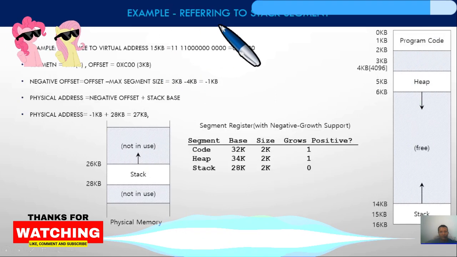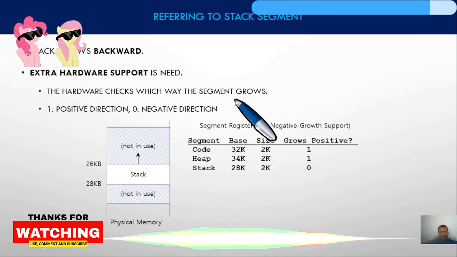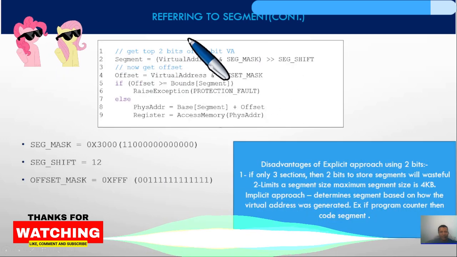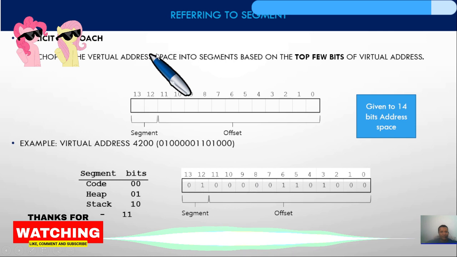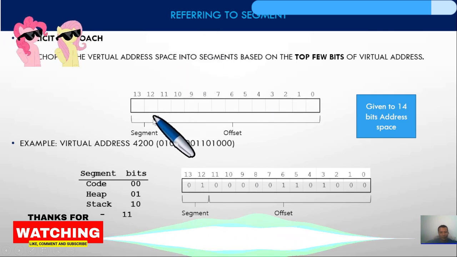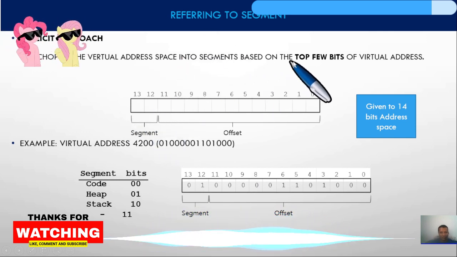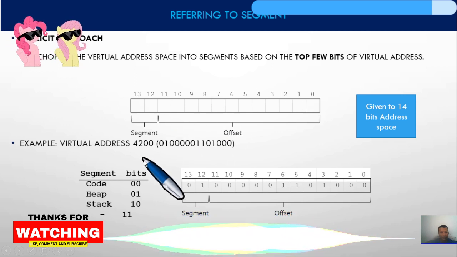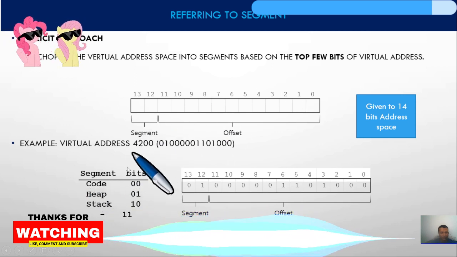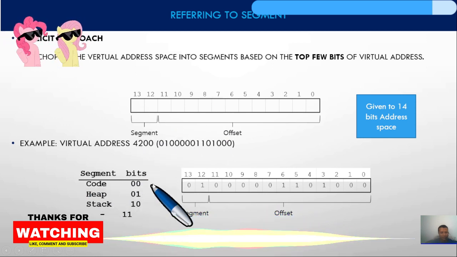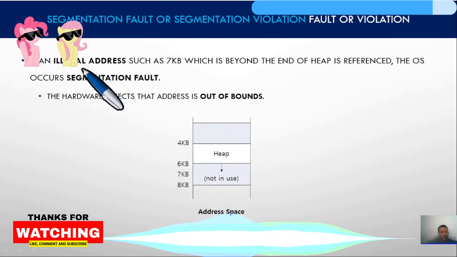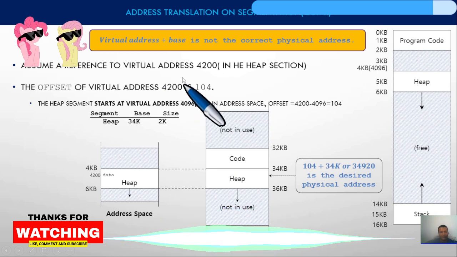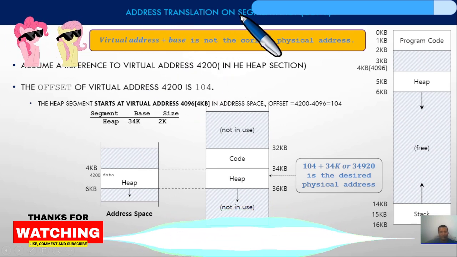We have also seen references to the stack and to a segment, and how we use the top few bits: if it is code, it is 00, then 01 and 10, and again segmentation for the legal addresses. And this is the heap, referencing how address translation works on the heap.